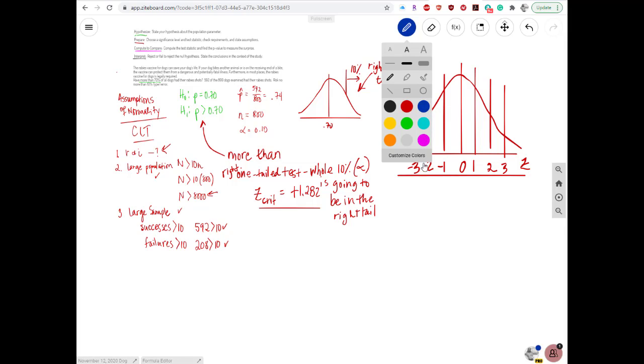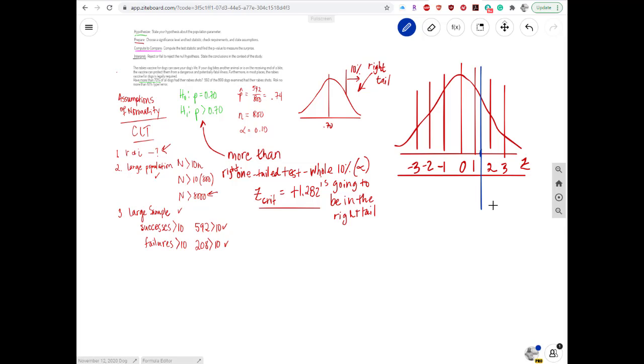And my ZCrit is going to be positive 1.282. So here's 1. This would be about 1.5. So I'm going to say that positive 1.282 is right about here. That's where I'm going to kind of guess at it. Okay, this is going to be positive 1.282.